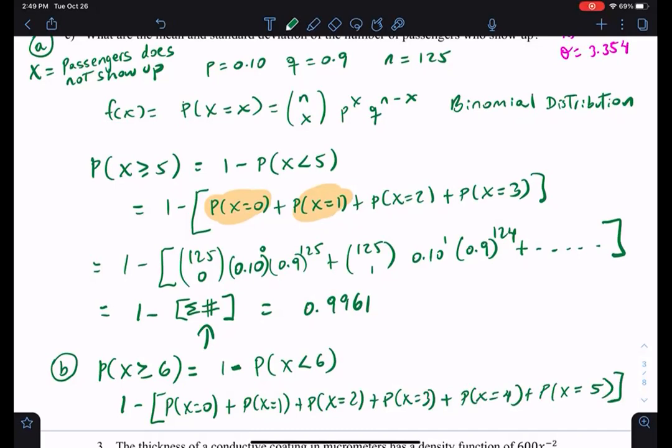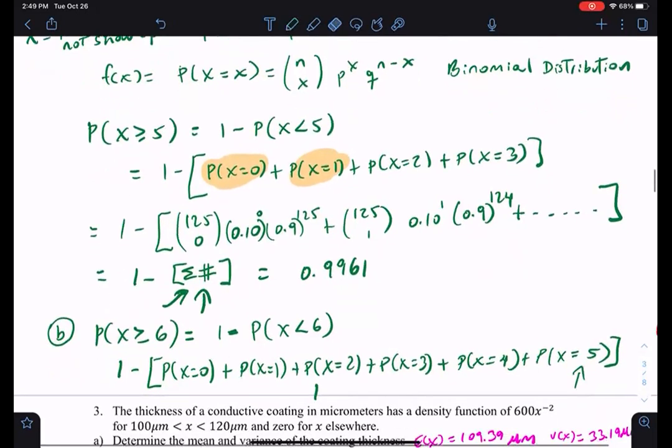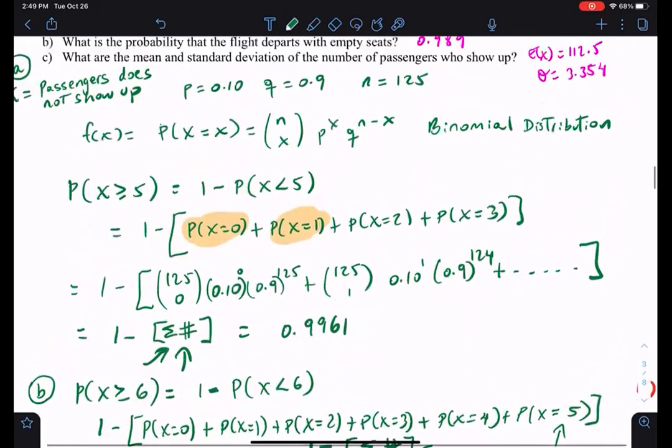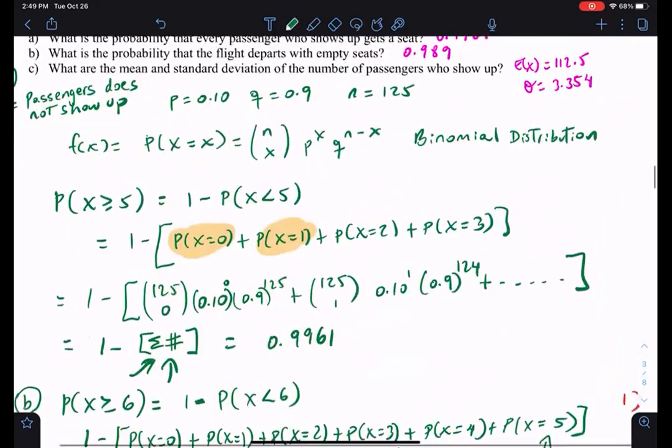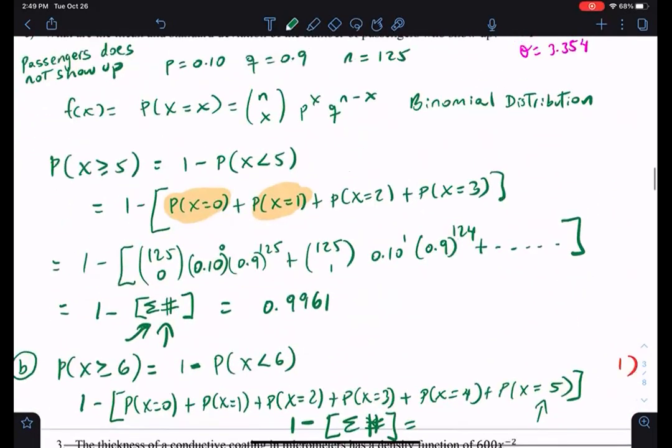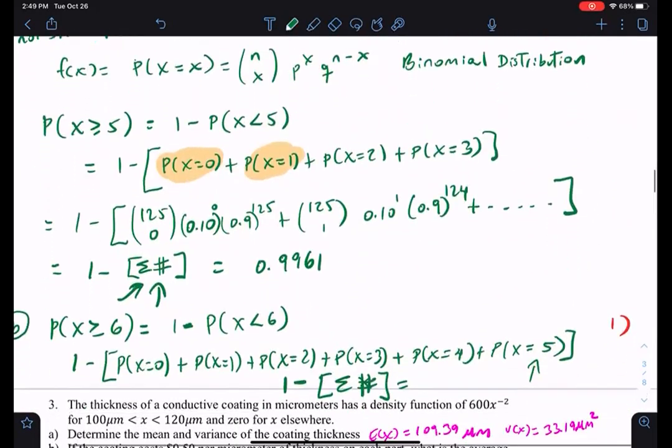So you just need to add 5. Whatever number you got from the previous step, you add the probability of x equals 5, and you subtract that from 1. After you calculate that, you should get 0.989.